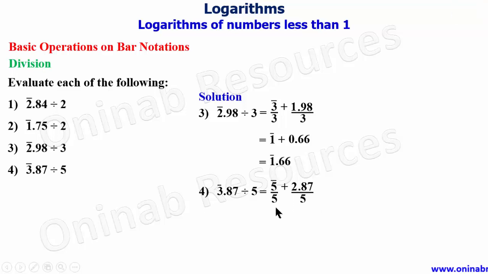So bar 5 divided by 5 gives bar 1, then plus 2.87 divided by 5 gives 0.574. And we are interested in two decimal places, so we have it as bar 1.57. Since this is not up to 5, it is rounded down. And that's all for the division of bar notations.